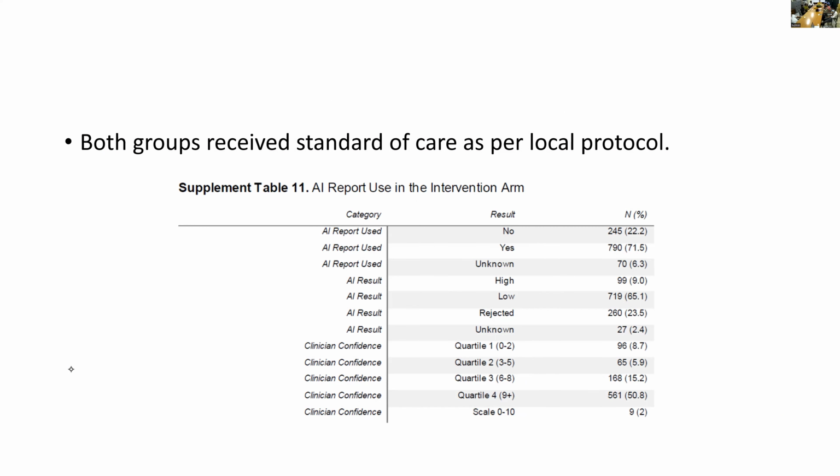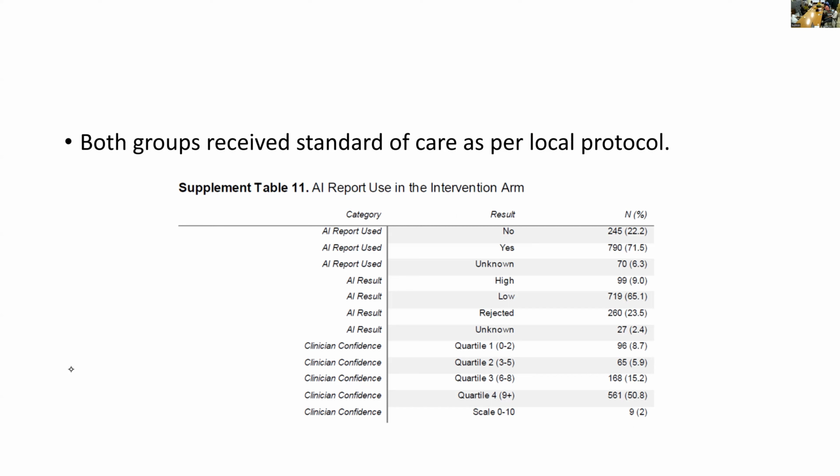I also put here whether the AI report was actually used in the intervention arm or not. 22% of the time, the AI report was not used, and 6.3% of the time it was not known whether it was used by the physician or not. So the control is supposed to not use AI augmentation at all, and the intervention is where the physician is supposed to have the AI information.